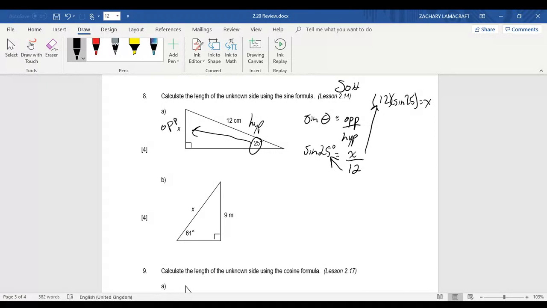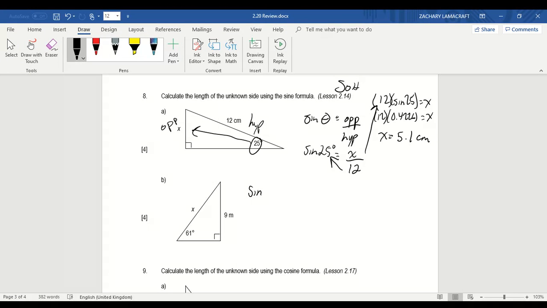And in this case, if I just multiply those two things, sine 25 on my calculator is 0.4226 and multiplied by 12. I'm going to come up with a side length of 5.1 centimeters.